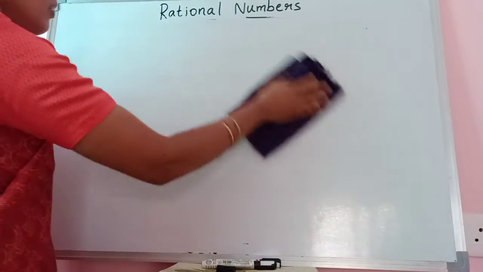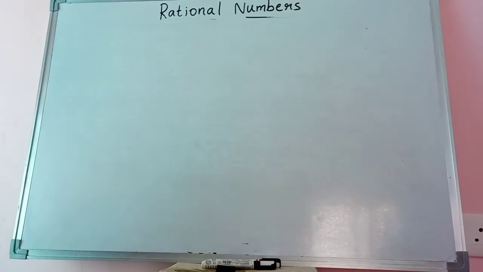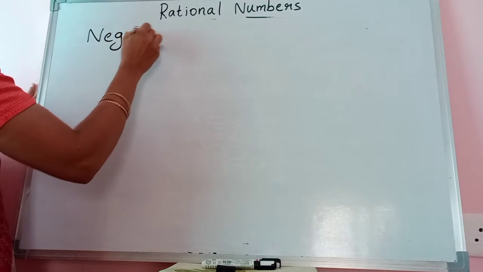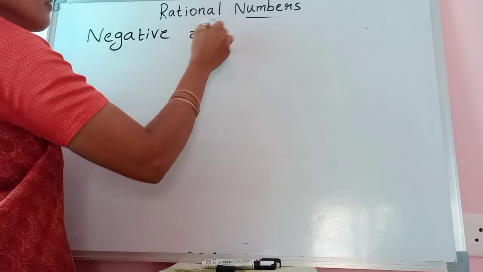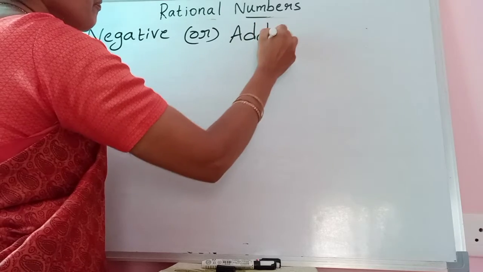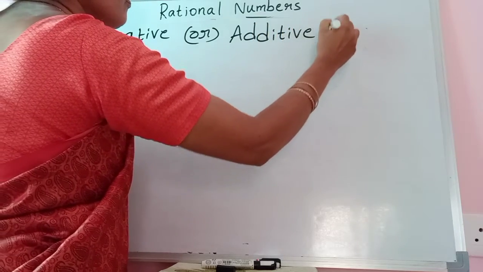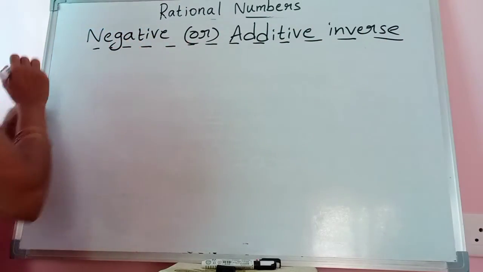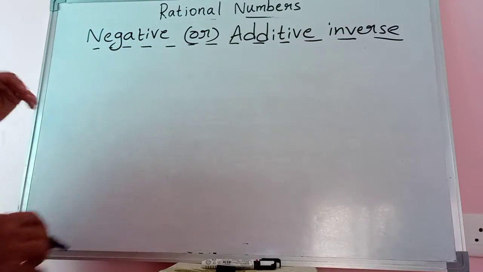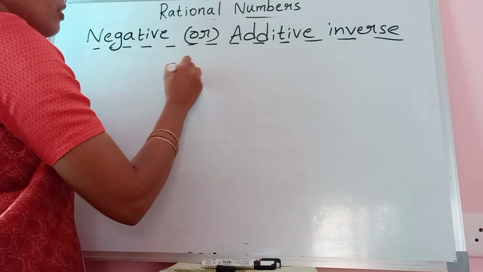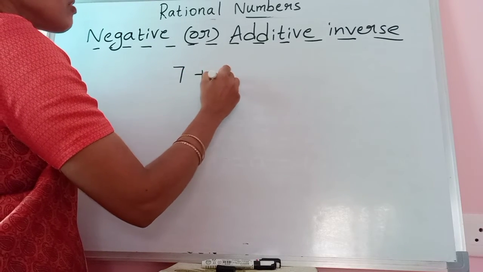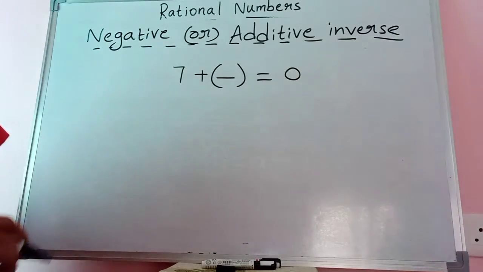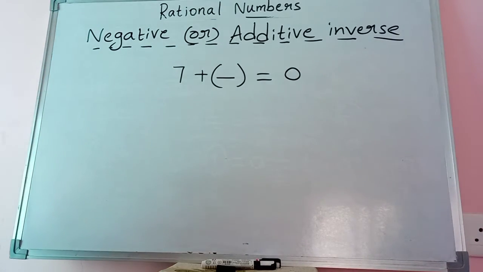Next we are going to learn about the negative, also called the additive inverse. What is the additive inverse of a rational number? Children, think: what do I need to add to this 7 to get 0?